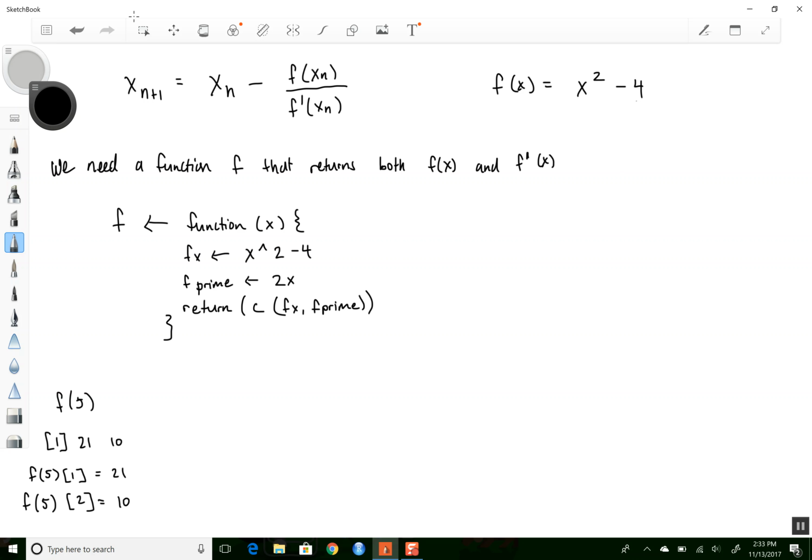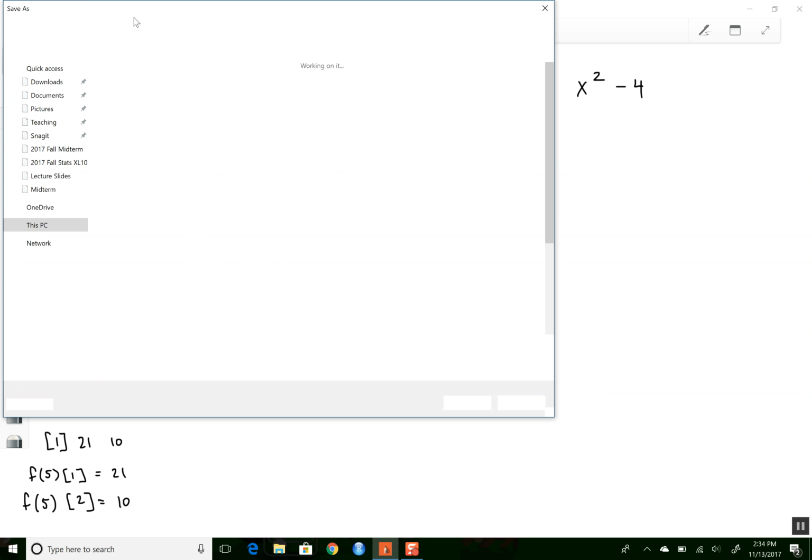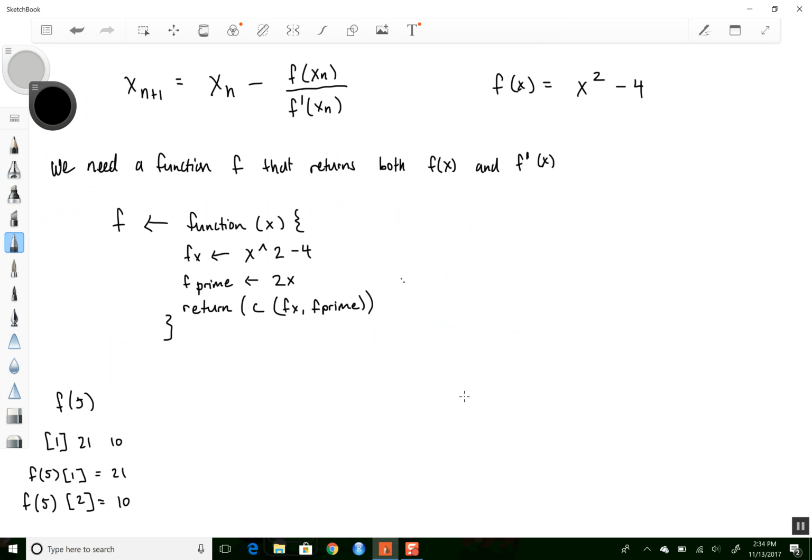The hard part is maybe you have to find the derivative. That's why we have Wolfram Alpha to find derivatives for us. Or in the worst case scenario, we can approximate derivatives. If we couldn't figure out the derivative, is there another way?